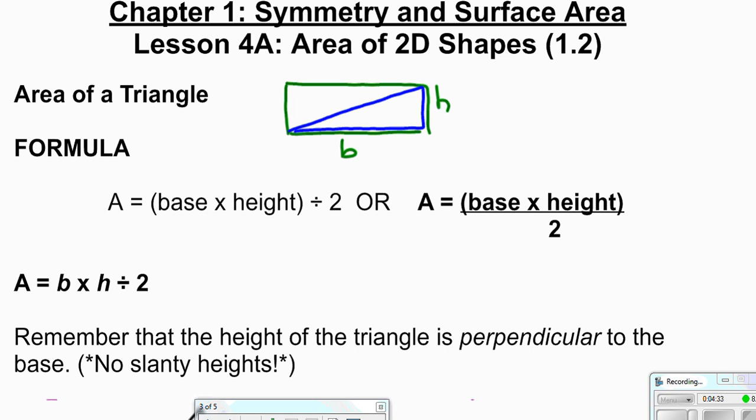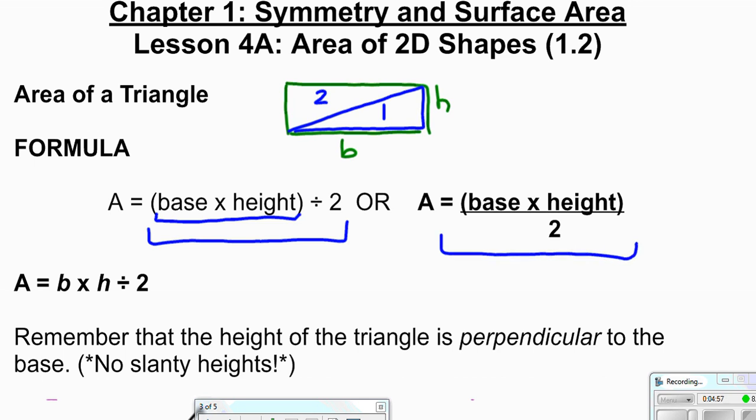Because we can fit 2 triangles into one rectangle, so one triangle is half of a rectangle. So to find the area of a triangle, you would find the area of a rectangle, base times height, and then split it in half, divided by 2. And if you want to write it out, base times height divided by 2, all linear, or if you want to turn it more into a fraction, either way it doesn't matter. You're still going to multiply your base and height and then cut it in half.